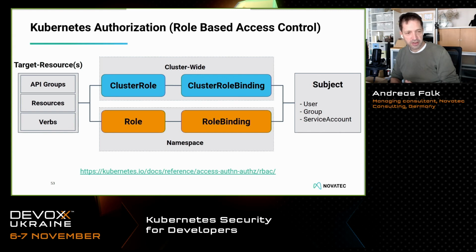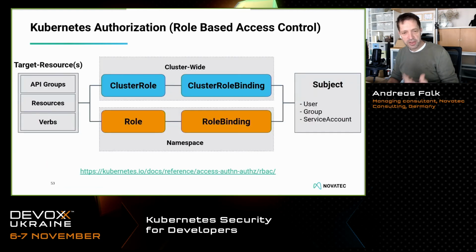The target resource can be an API group, or resources like a pod, a service, or Ingress; all the Kubernetes resources can be bound to a role. And then you have verbs, which specify what action to take on a resource, like whether you can create a pod, get or read a pod, and stuff like that.